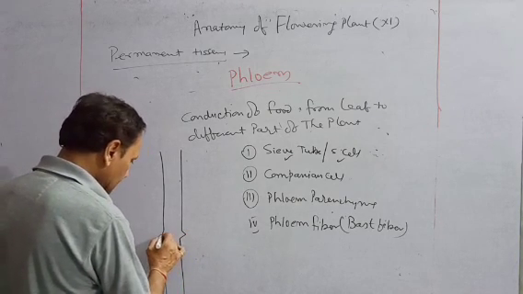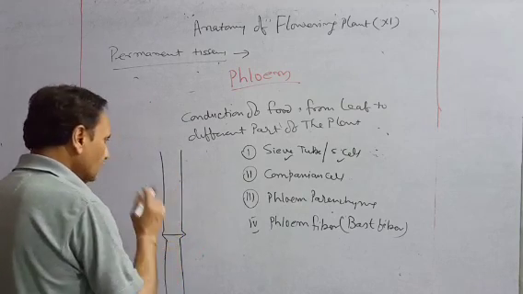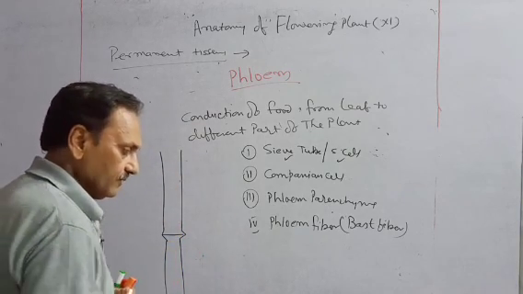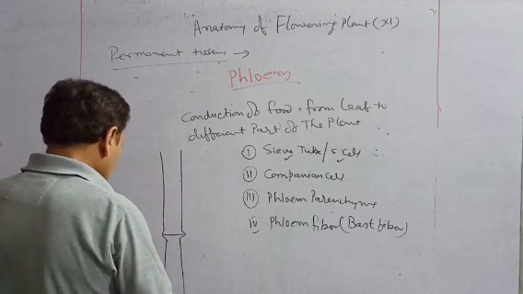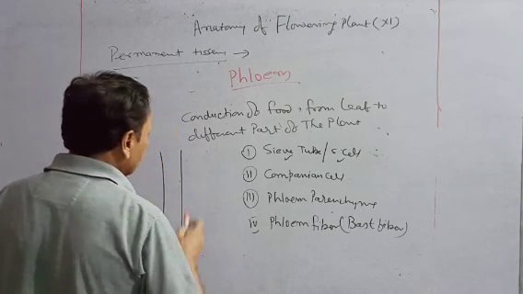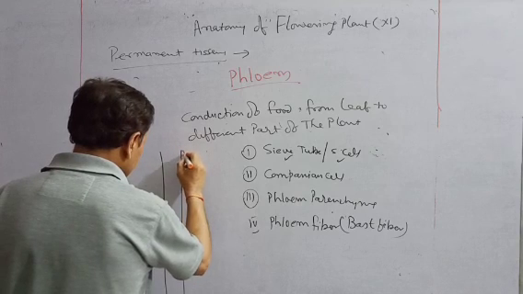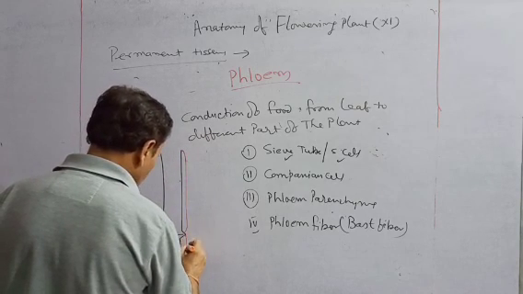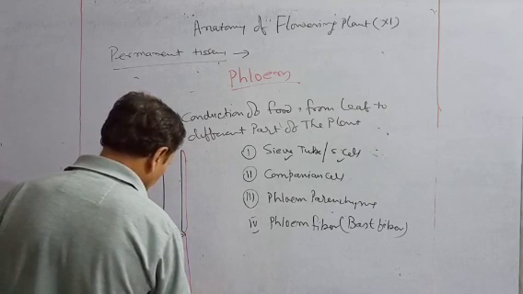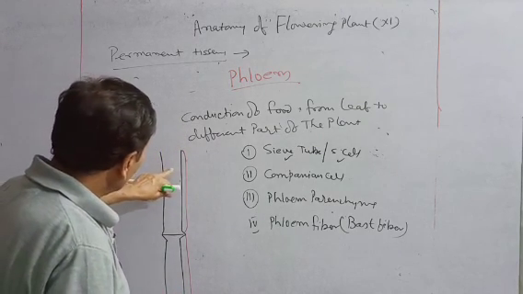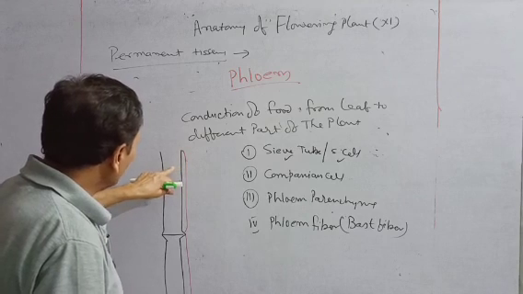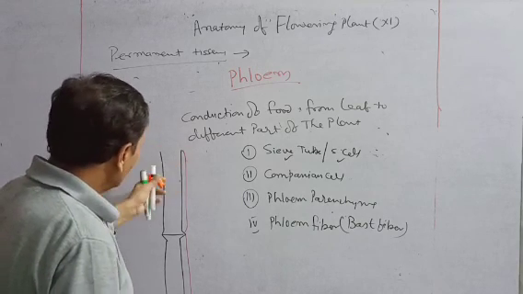Suppose this one is the sieve tube. Inside this sieve tube is supported by the companion cell, because if you go through the embryology, we can say that both are components of one cell. One cell divides.